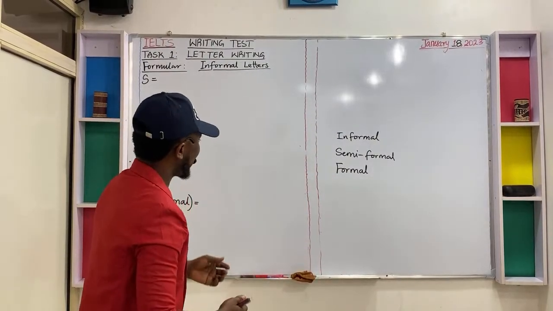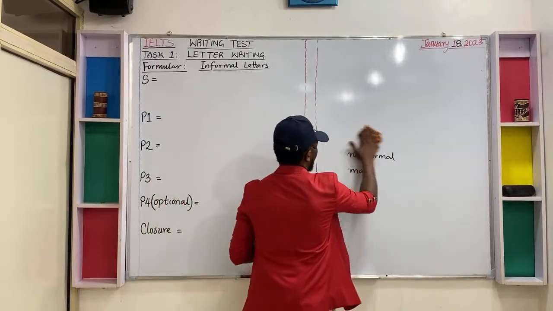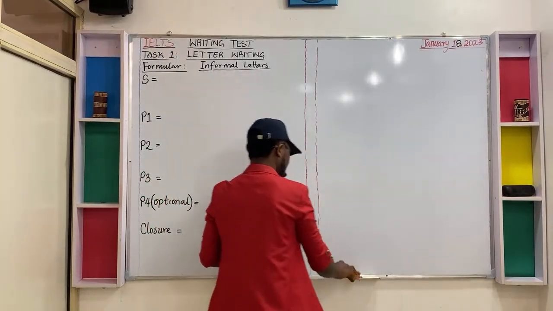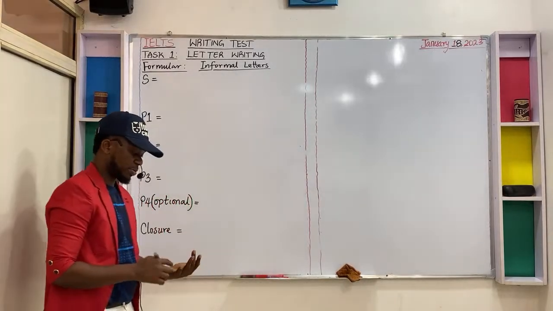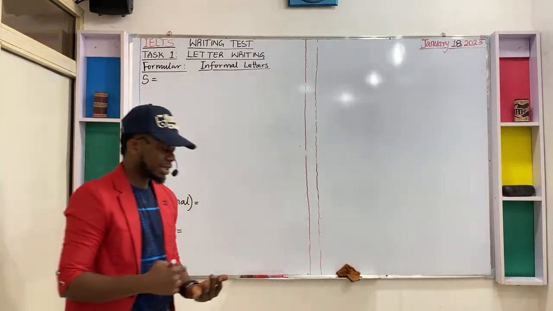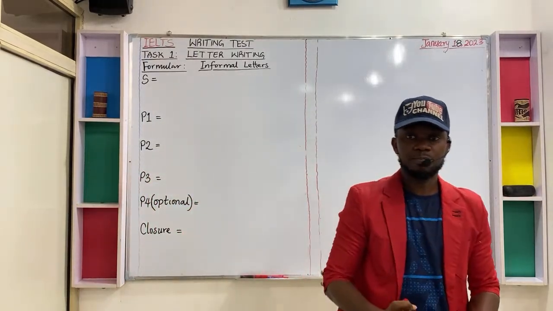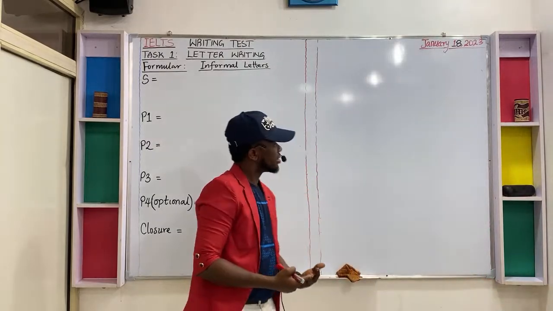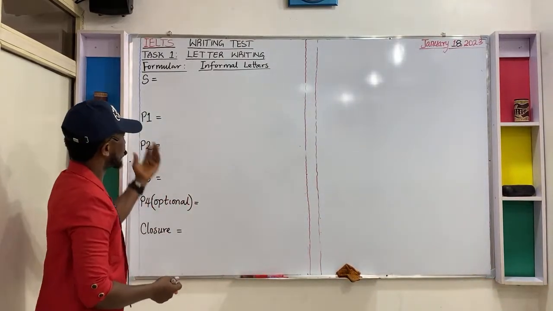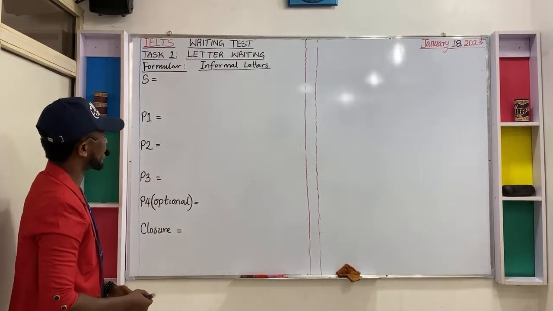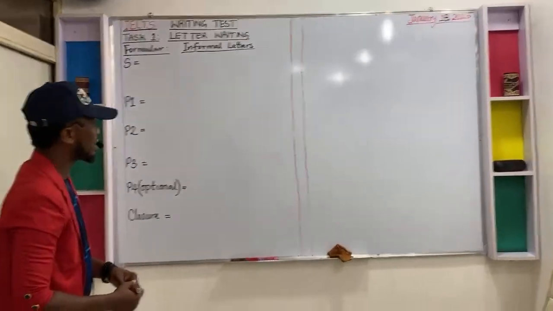Now, examples of informal letters would be letters you write to your parents, letters you write to your siblings, letters you write to your friends, and whoever. So these are the different examples of the informal letter. Now let's look at how the informal letter should go.